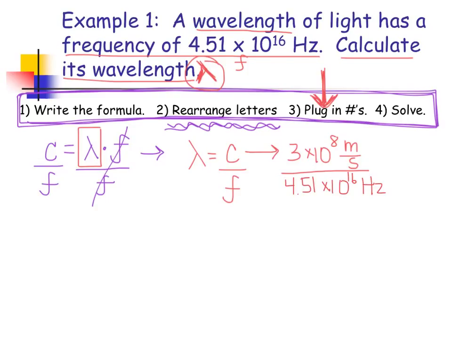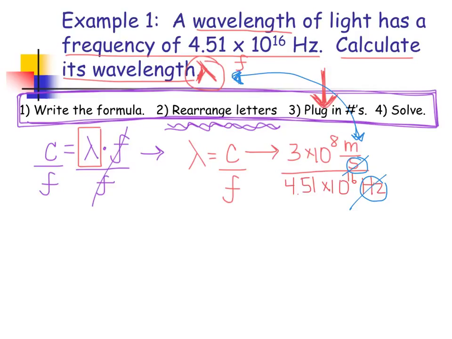You know my favorite part is to cancel. Here I go. Nothing cancels. But, yes, it really does. Hertz and per second are the same thing. So I can cancel S and Hz. Now I'm only left with meters. And if you think about it, we're looking for wavelength.